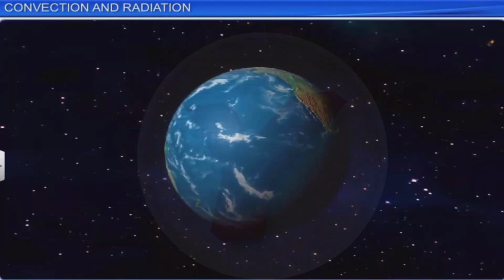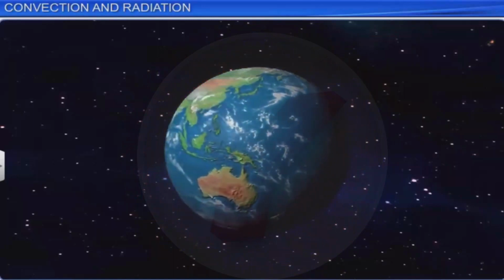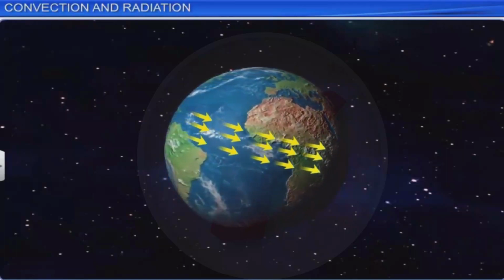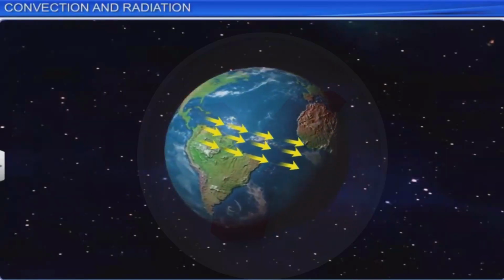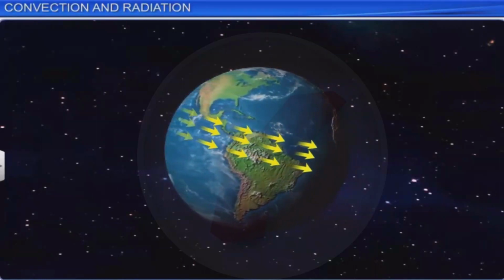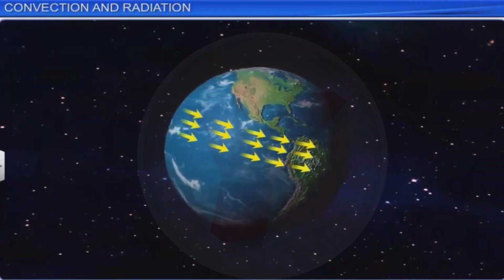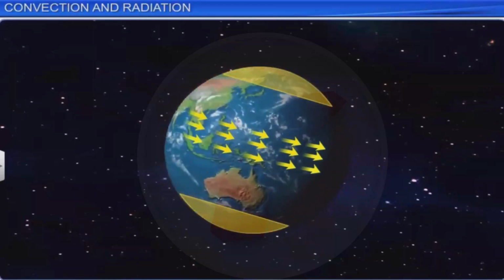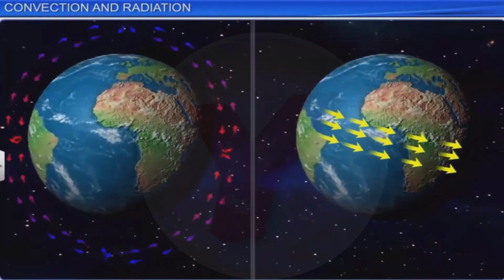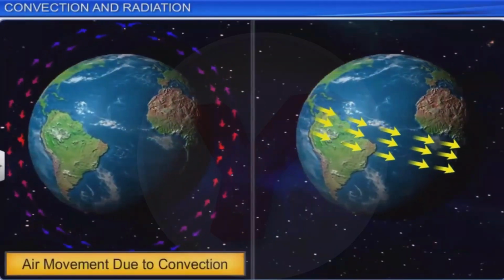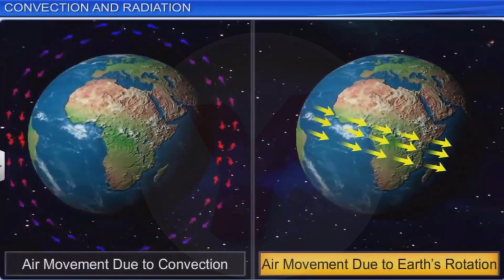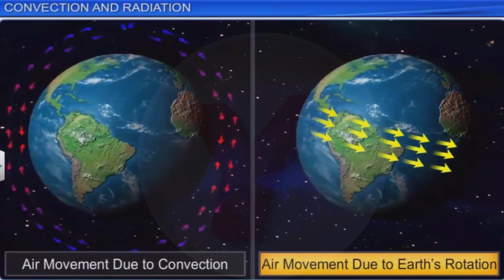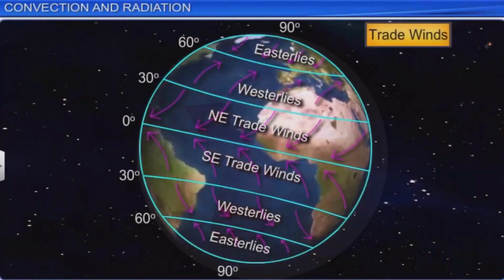But, because of the Earth's rotation, air at the equatorial region moves with a speed of 1,600 kilometers per hour in the eastward direction, whereas the speed of these winds is almost zero at the poles. These two movements of air, one because of convection and the other because of the Earth's rotation, result in trade winds.